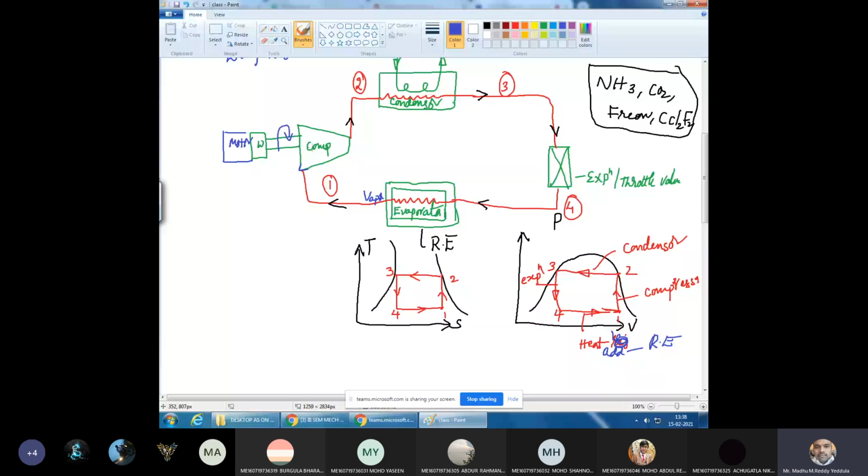Due to this compression, the pressure and temperature of the refrigerant are raised. At the compressor exit, the vapor may be wet, dry, or even superheated, depending on the temperature.